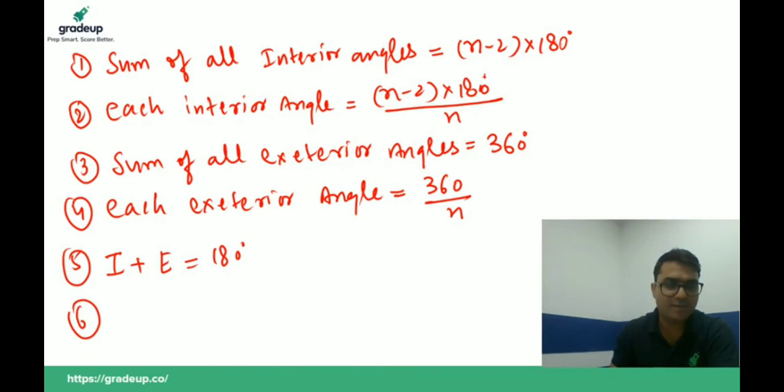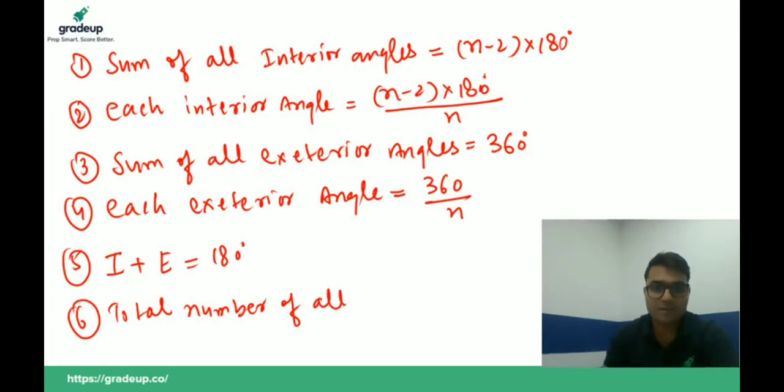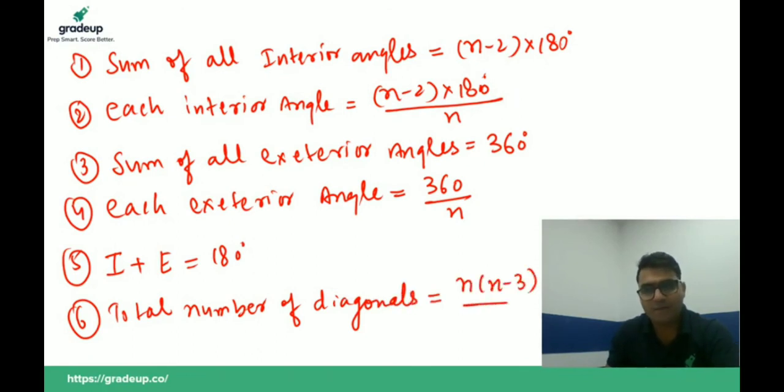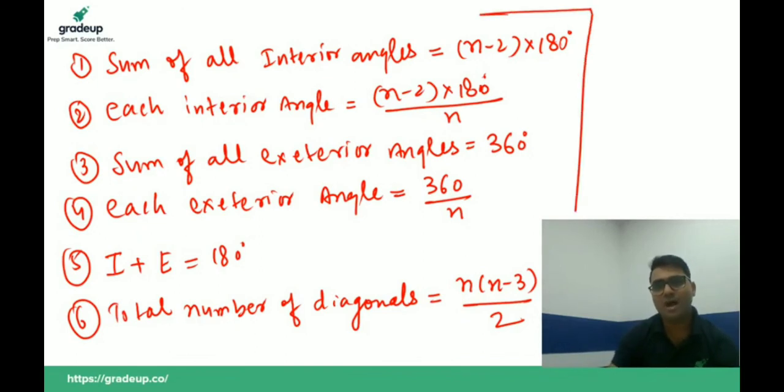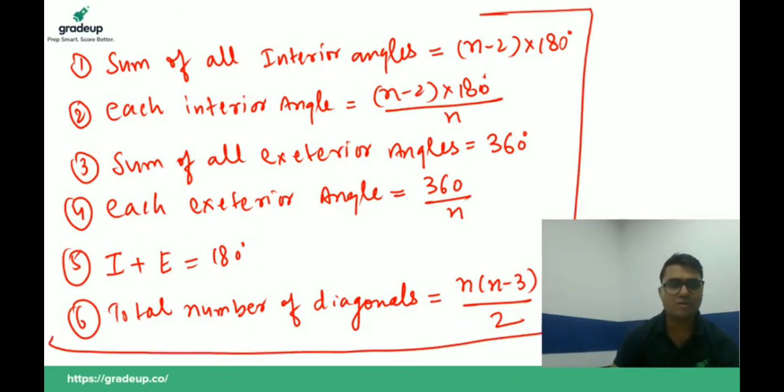And number 6, total number of diagonals is equal to n(n minus 3) divided by 2. So guys, one question will be asked on these special formulas.